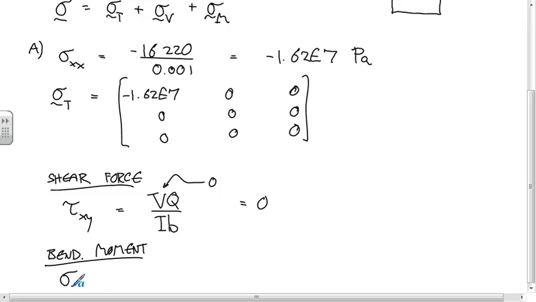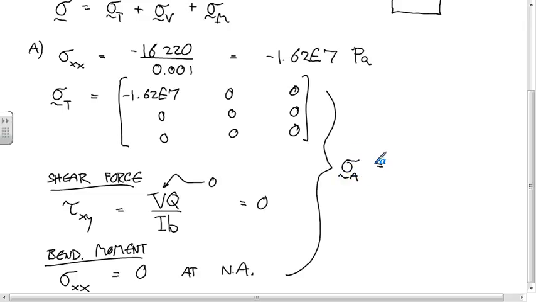And so the XX stress due to bending is 0 because we're at the neutral axis. And so the total stress tensor at the point A is equal to negative 1.62 times 10 to the 7 and zeros everywhere else.